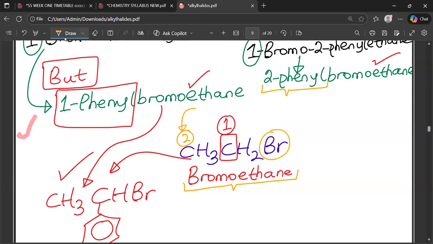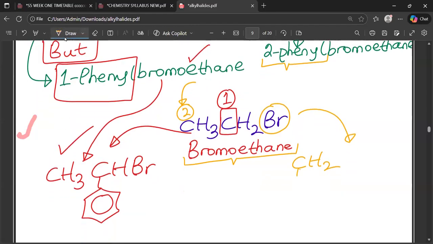So when you say 2-phenyl, you are telling me that the phenyl group came and replaced one of those hydrogens. So what was CH3 becomes CH2. Then the other one remains as CH2Br. Are you getting it? And this is the 2-phenyl bromoethane.